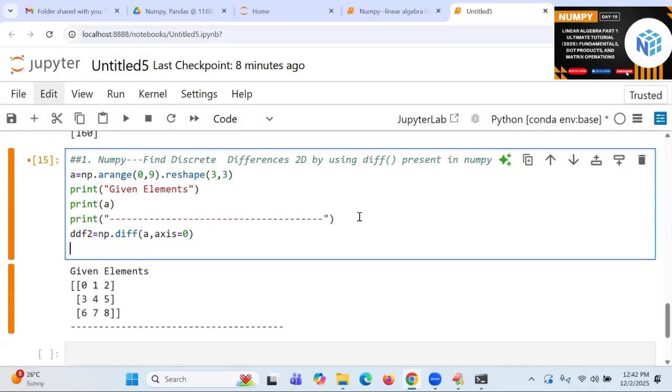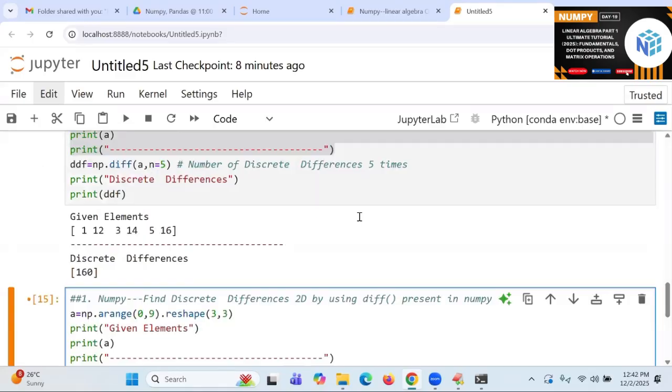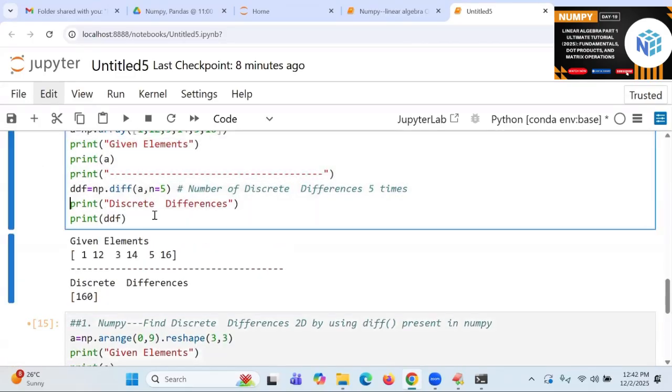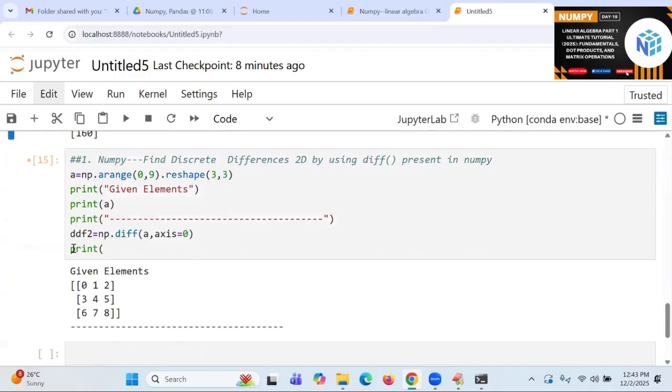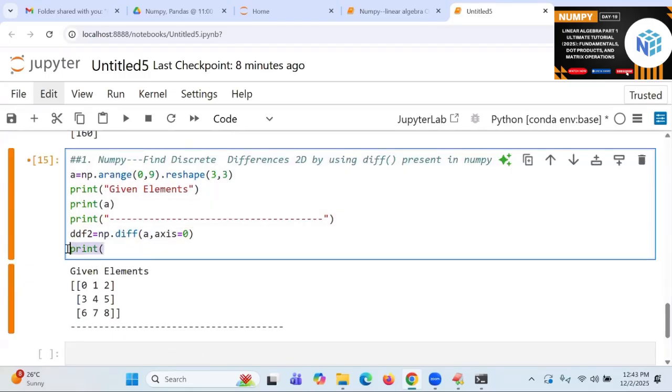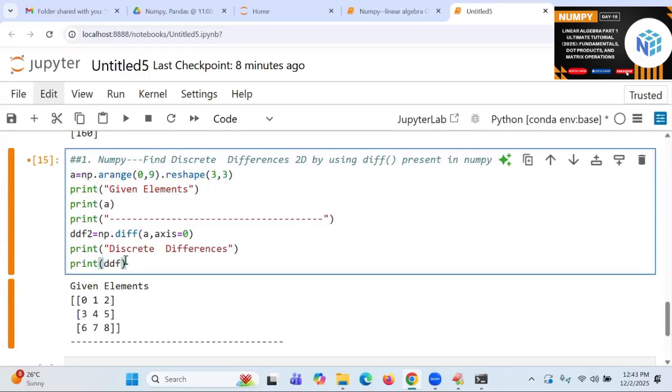Try to look at that. Print of what? Discrete differences. Here I will write it, it is called 2. I am going to write 2.